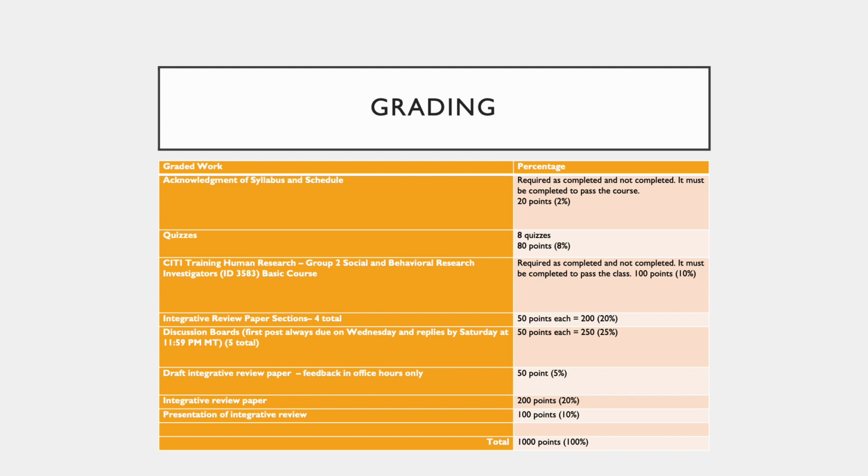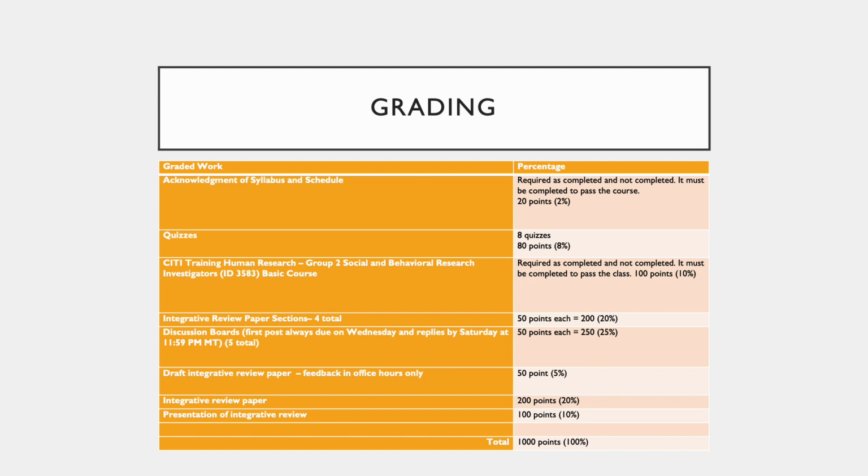You have integrative review paper sections. Over 4 weeks, you will complete sections of your research paper, and it will become part of the final paper. When you're doing this paper, remember that the pieces will eventually come together and form your whole paper.